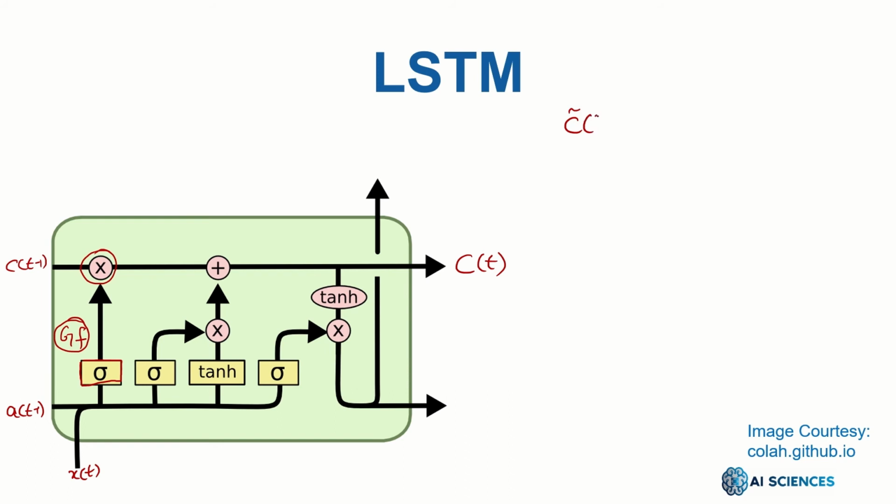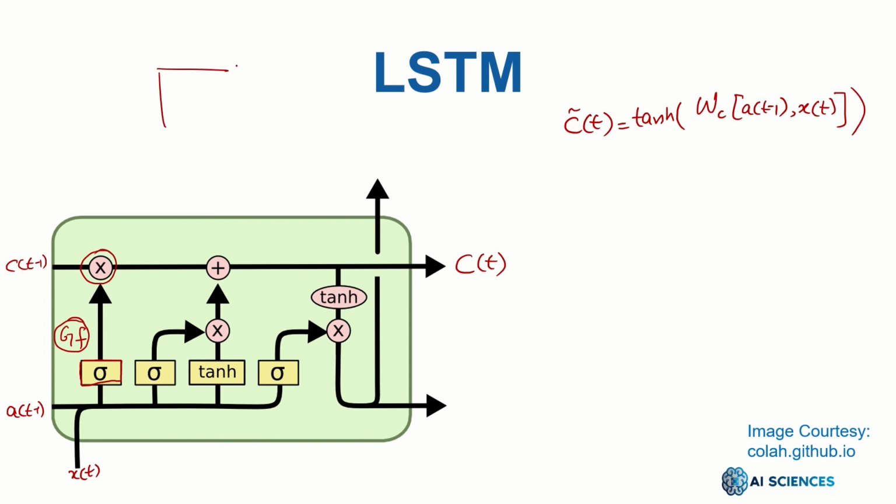So the candidate value for the next time step in the memory cell can be written as the tanh of some parameters times the previous activations and the current input, along with some biases. I'm assuming that the biases are handled inside the weights. So that's the candidate for the memory cell.